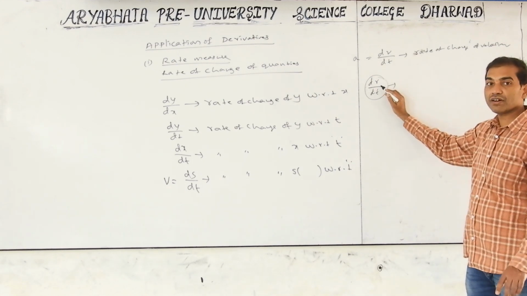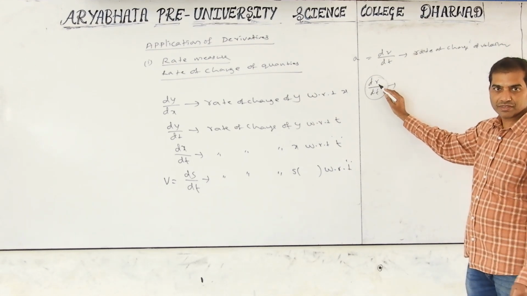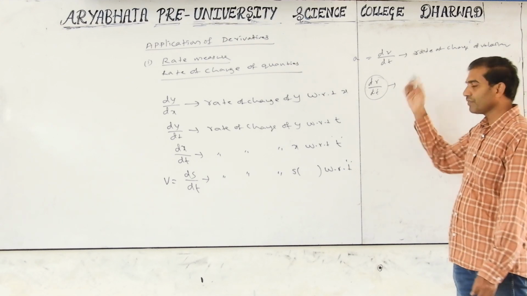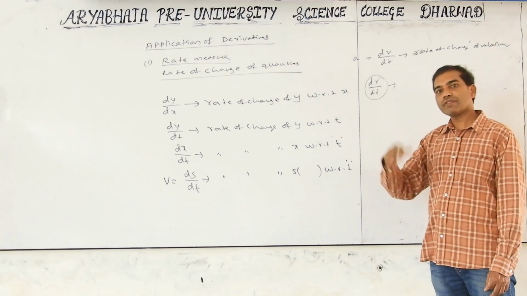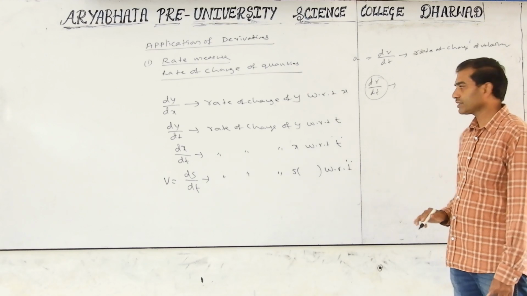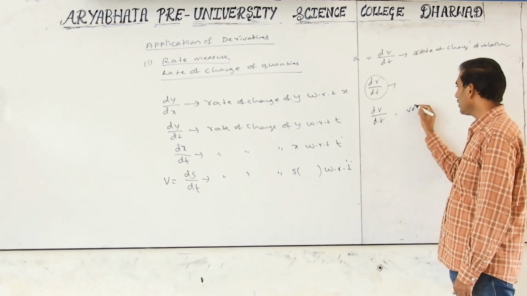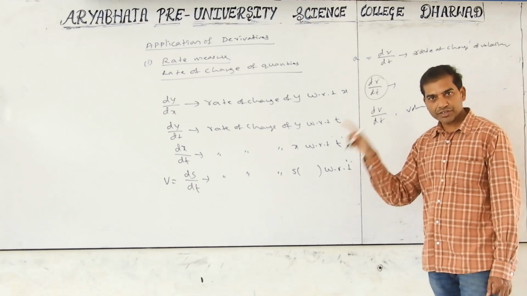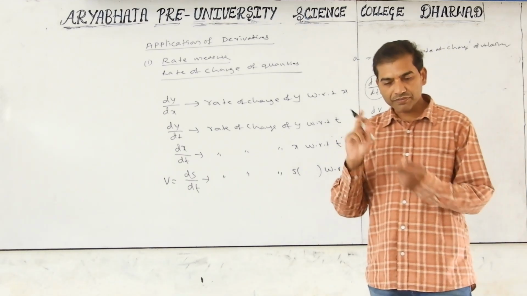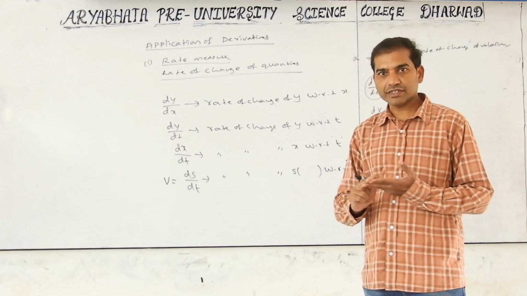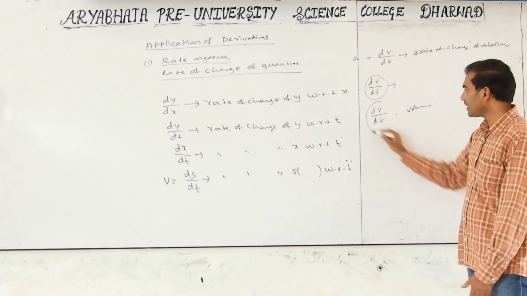So this is called the rate of radius, where r is the radius of any circle or sphere. dV by dt, where V is the volume of any object, volume of a cube, volume of a sphere. What is the meaning of dV by dt?